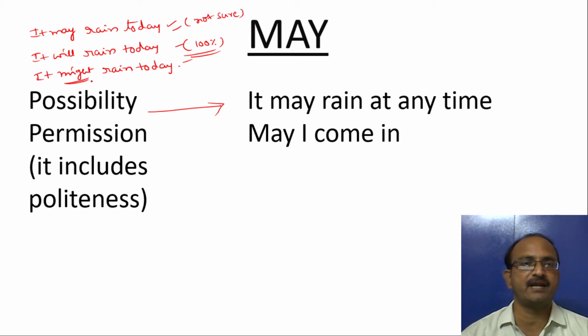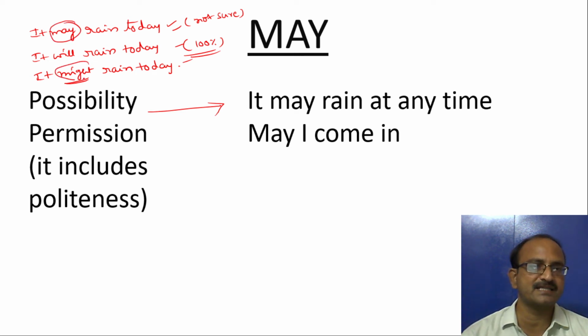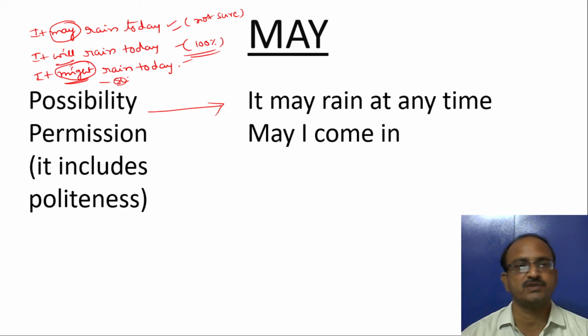Compared to may, might is a slight possibility, the slightest plausibility. It may rain is more possible than it might rain. So might is less possibility, may is more possibility, but will is 100% possibility. So this is the difference.